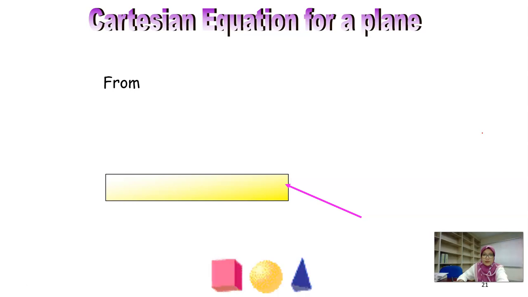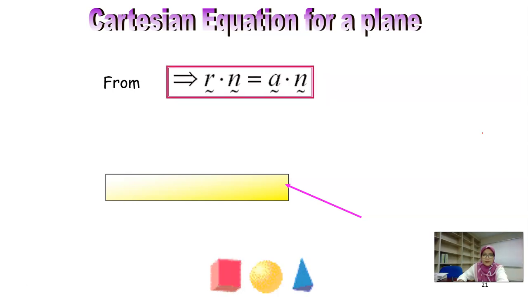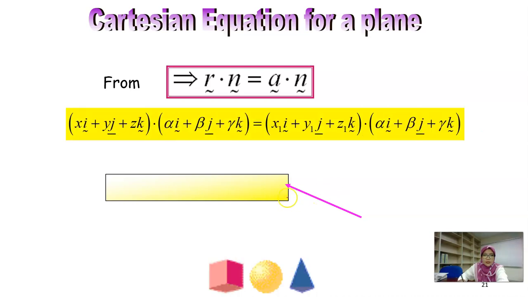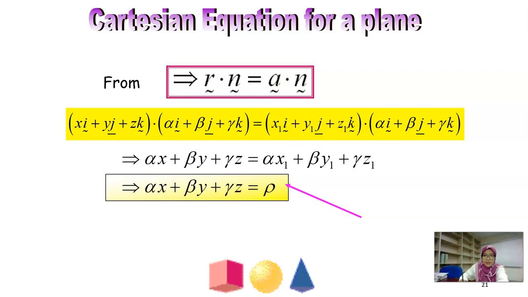Next is the Cartesian equation for a plane. From r dot n equals a dot n, you will have this expression. If your r is x, y, z and n is your normal alpha, beta, gamma, and a is the point on the plane x1, y1, z1, then we find the dot product: x alpha, y beta, z gamma equals x1 alpha, which is a constant, y1 beta, which is a constant, z1 gamma, also a constant.